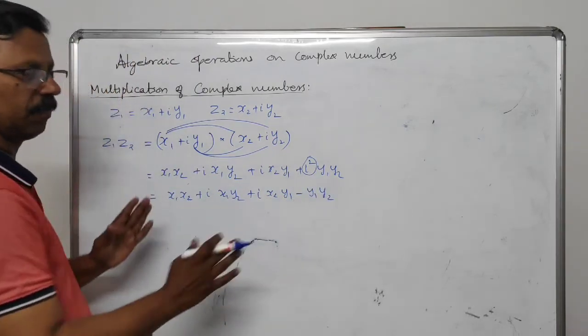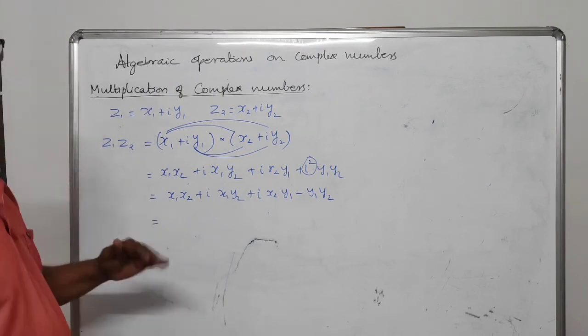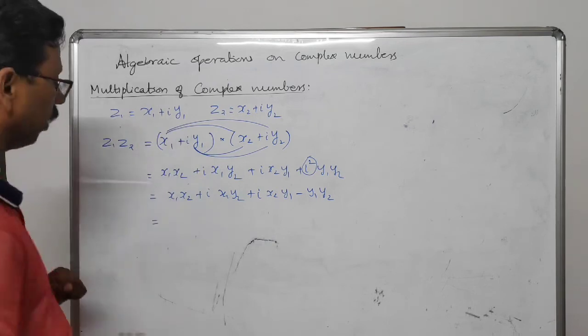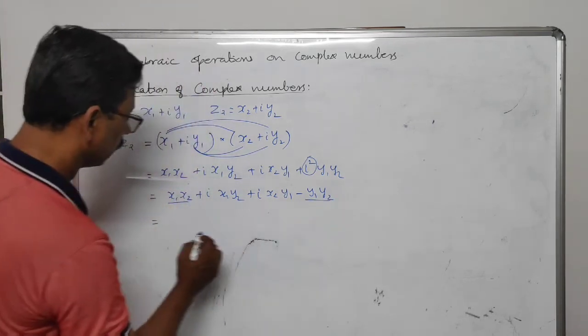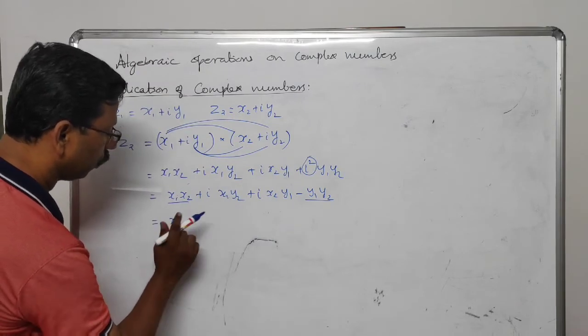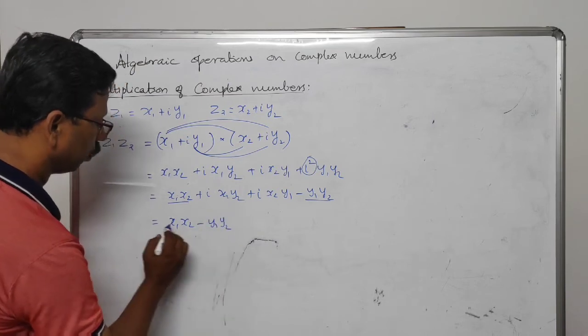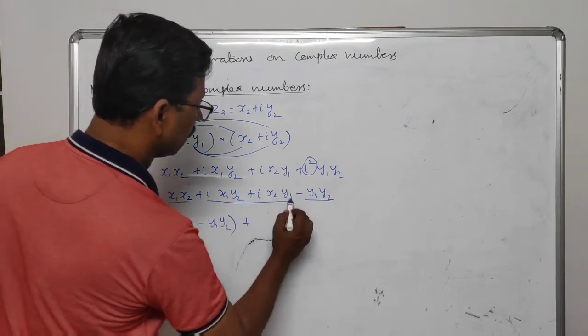We try to simplify, that means we have to club the real parts together and the imaginary parts together to bring it into the standard rectangular form. This is a real part and this is also a real part. Therefore you can write x1 x2 minus y1 y2 as the real part, plus these two are imaginary parts.